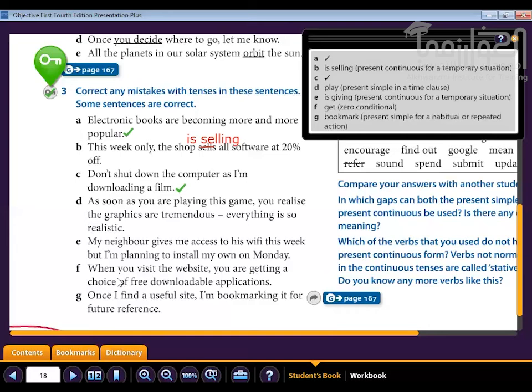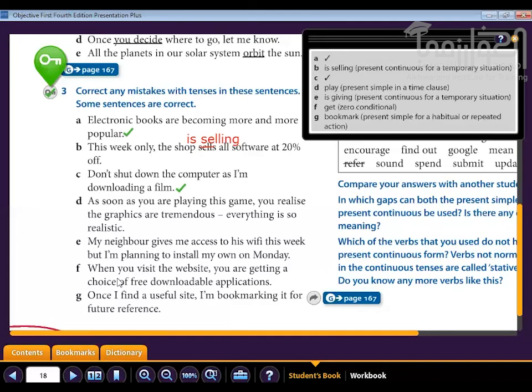Okay, so the zero conditional is something that we use to talk about something that happens if or when a certain action takes place. Something we know, this is what will happen. Just like saying, if you heat ice, it melts.